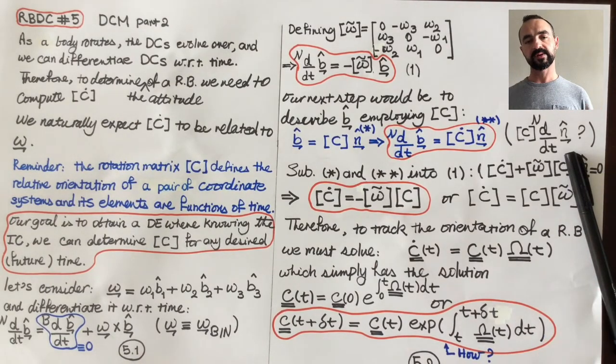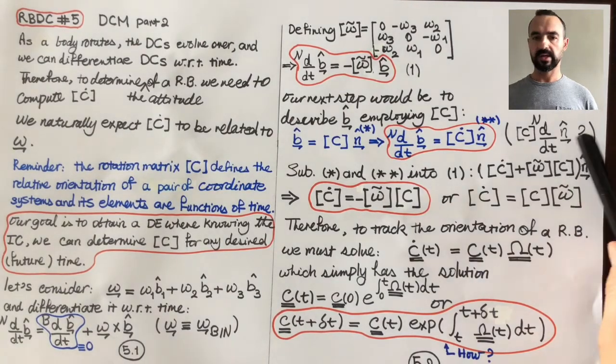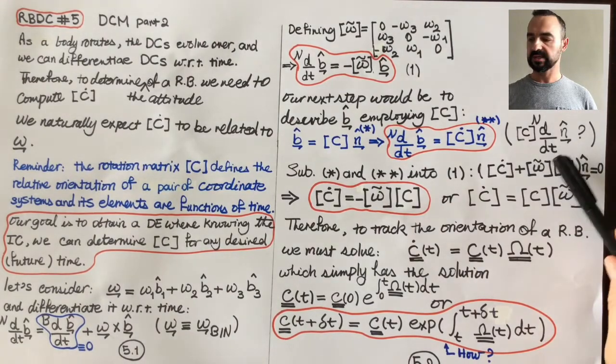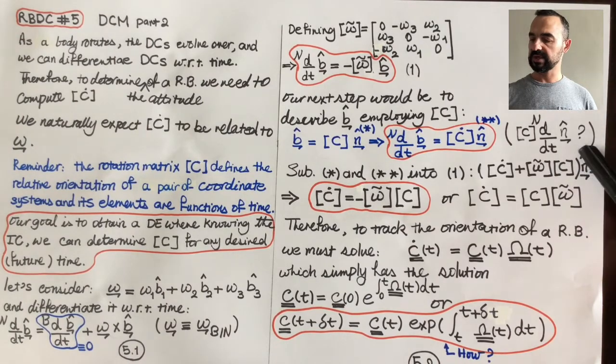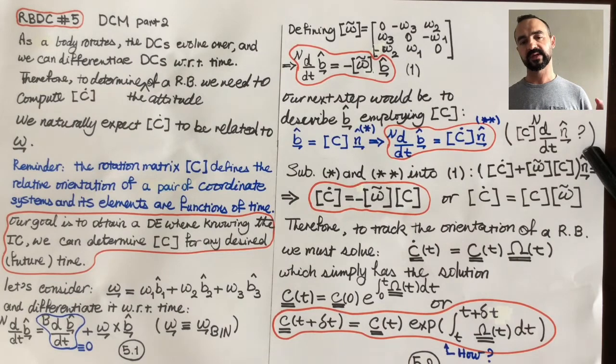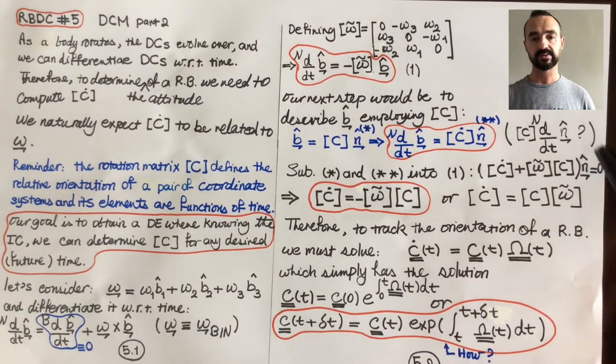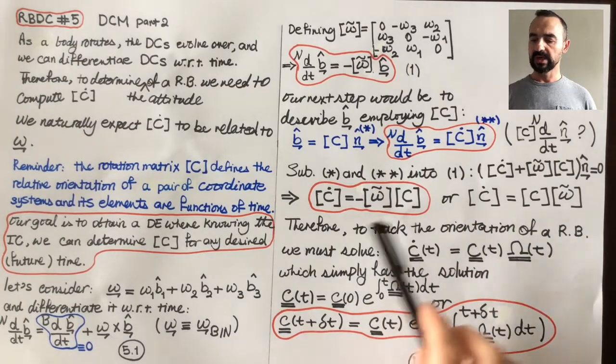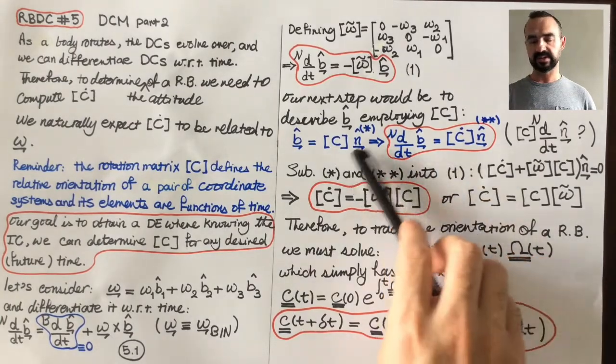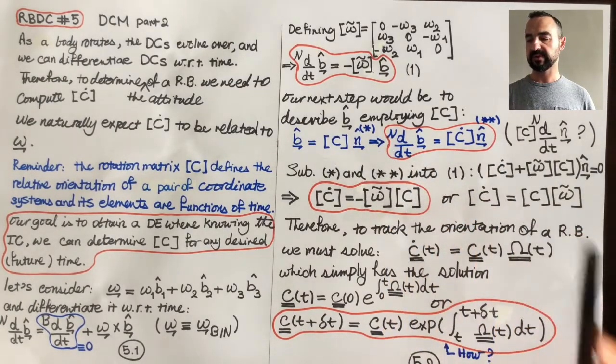Now, why does it go to 0? Think about it for a second. Again, we are differentiating a set of fixed unit vectors, fixed in both direction and magnitude in this frame. So this goes to 0. So we end up having these two relationships. We have this star, we have double star.